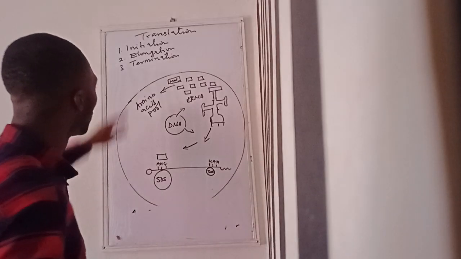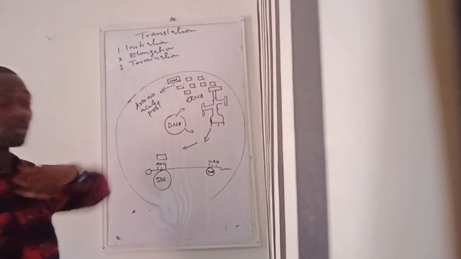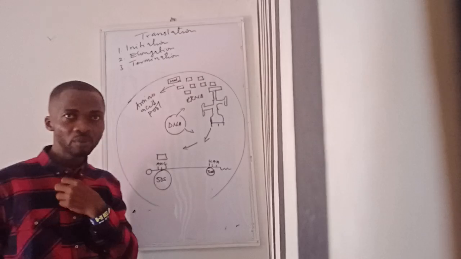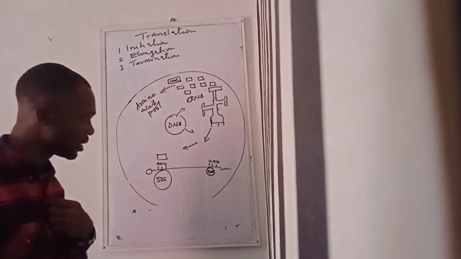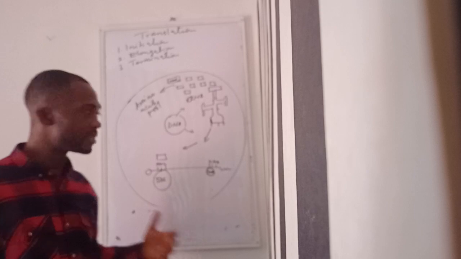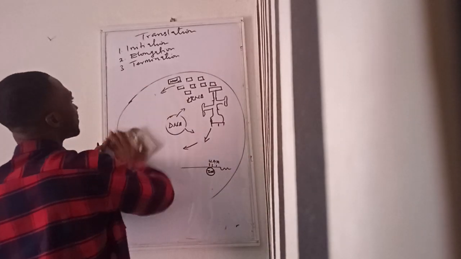So we are still going. We are now at the second stage, which is elongation. Within this elongation, that is when the real protein synthesis occurs.